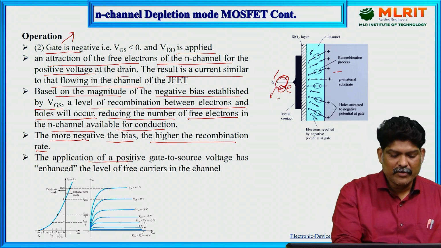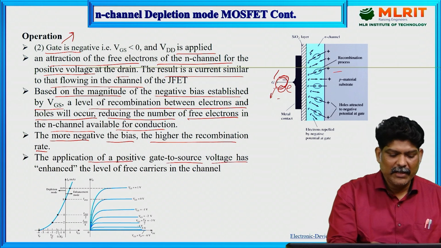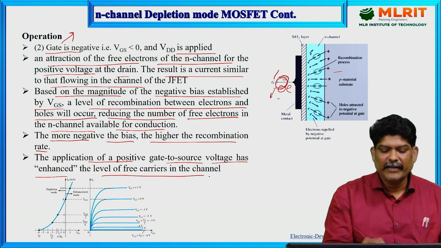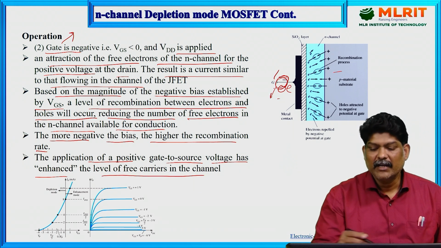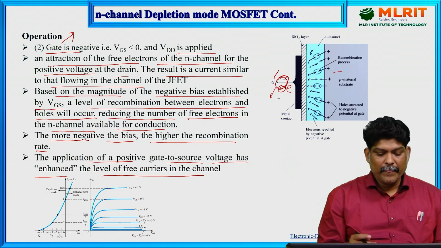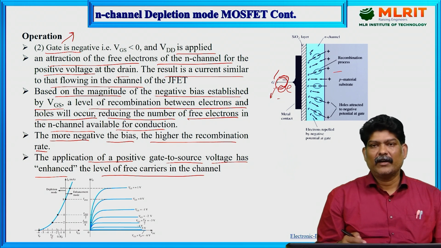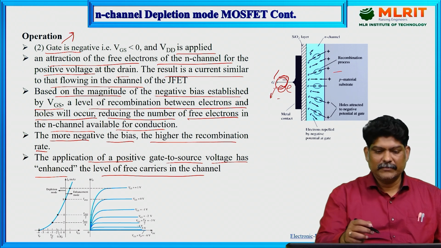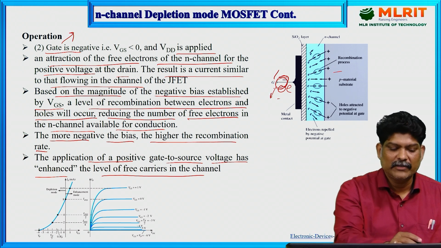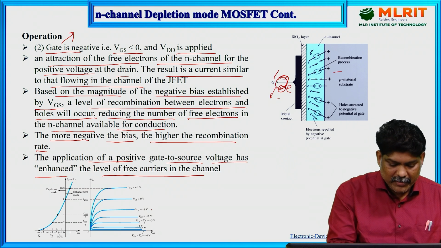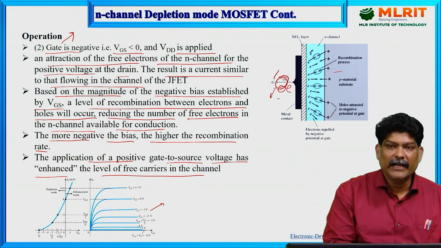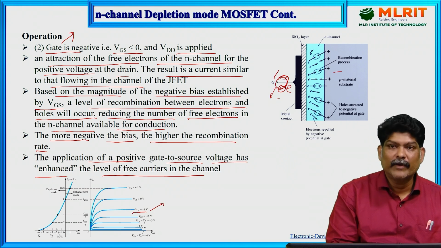The application of positive gate to source voltage has enhanced the level of free carriers in the channel. So that is the basic idea of operation of this N-channel depletion mode MOSFET when gate to source voltage is negative. Here you can observe VGS negative, for example VGS equal to minus 2 volts.